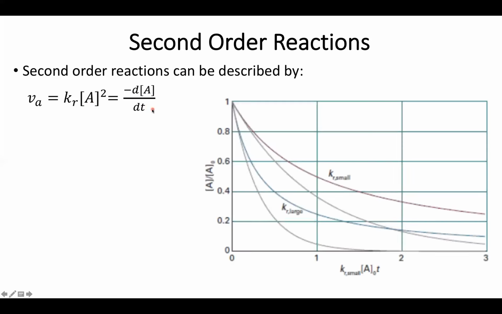And while these aren't quite as familiar as the integral forms of the last two, they should still be quite familiar, as our concentration dependences will end up yielding the difference of the inverse concentration. So 1 over our final concentration minus 1 over our initial concentration. And all of this is going to be equal to kR of t.